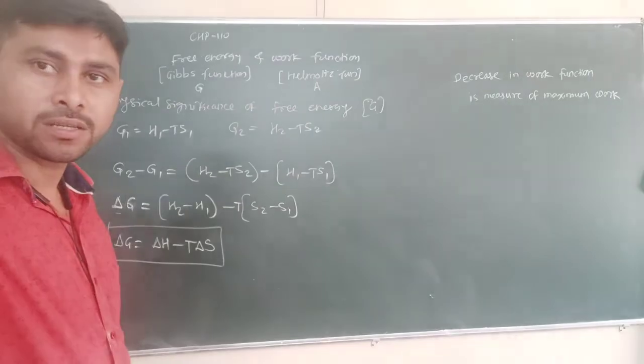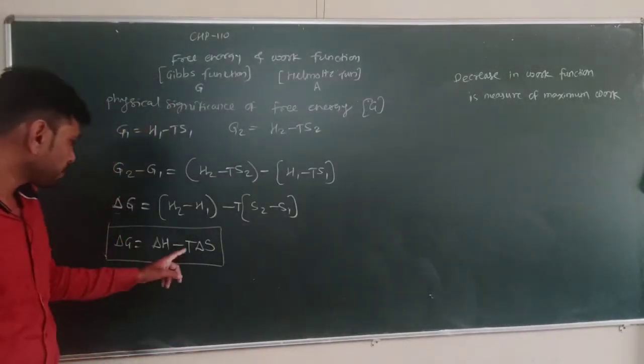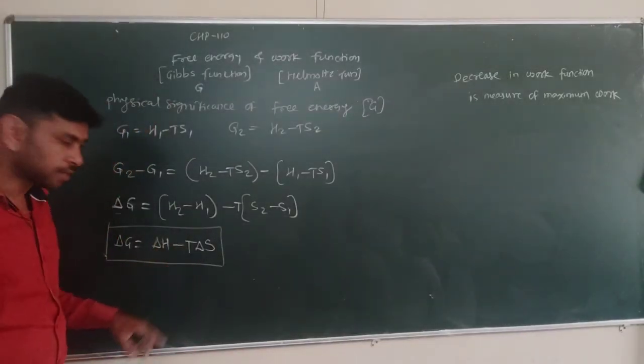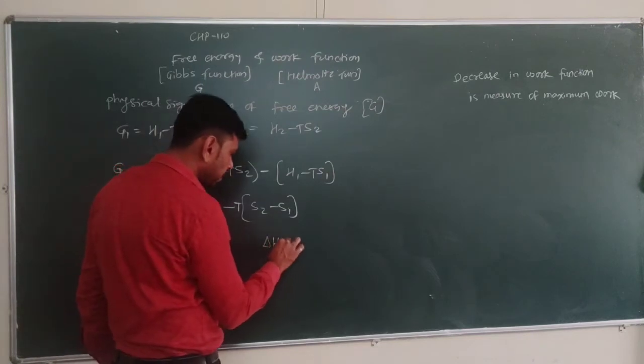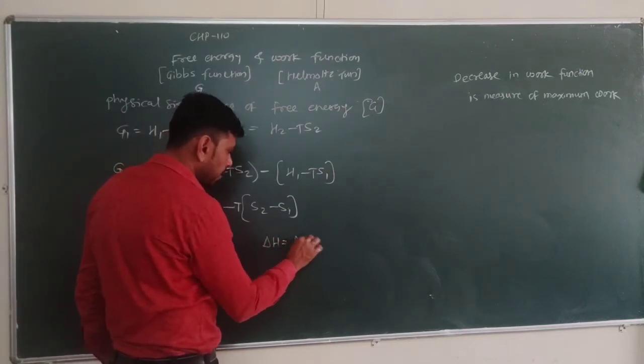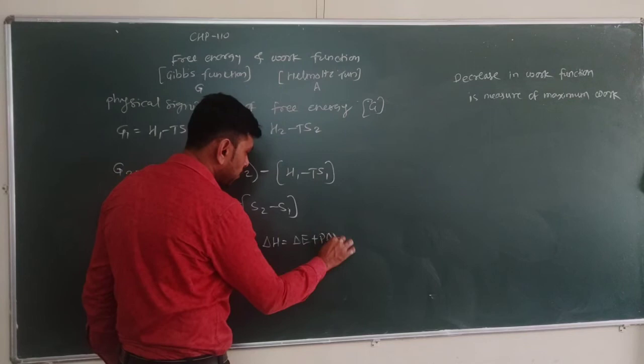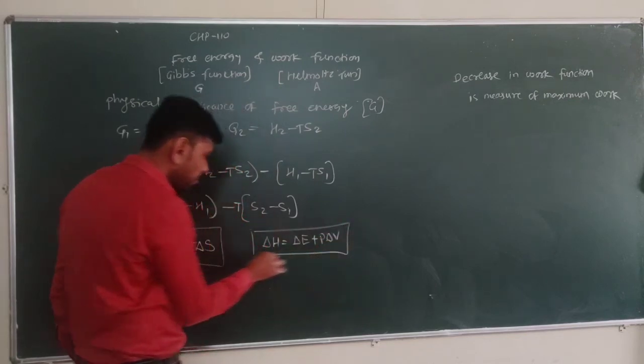Now we know that delta H represents enthalpy. From the definition, delta H is equal to delta E plus P delta V. Enthalpy change is given by this equation.